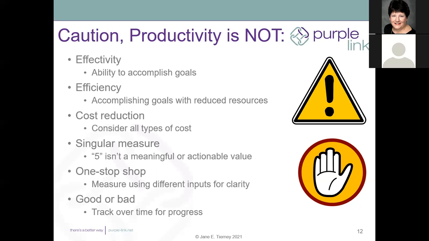So again, when I look at productivity, I don't want a number like 5. If you say, oh, my ratio is 5, or even 5 to 1, it's not necessarily a meaningful or actionable value. So you have to have the units of measure on there, and you have to understand what that ratio is representing. And that goes along with what I call a one-stop shop.